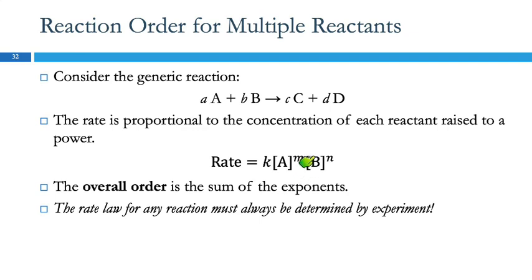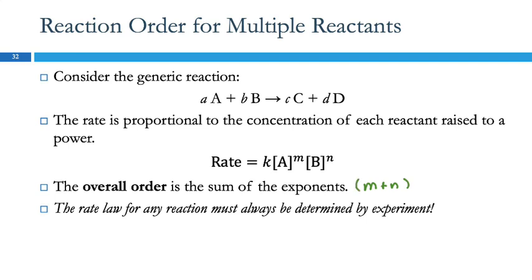So we're going to use m and n because those orders are not necessarily the same. We can talk about an overall order for the reaction, and that is the sum of the exponents. So the overall order would be m plus n.